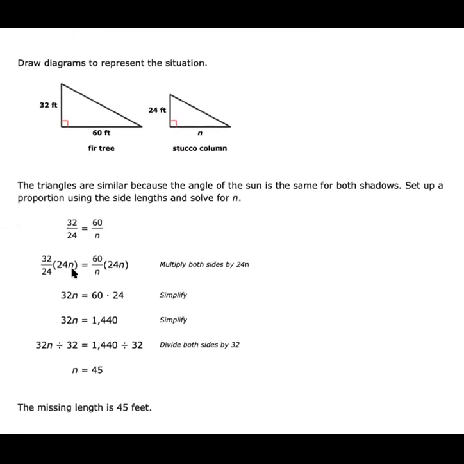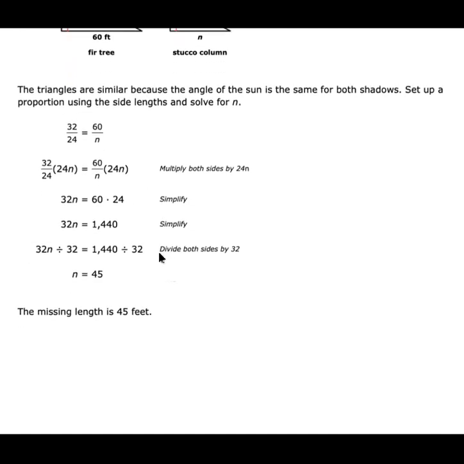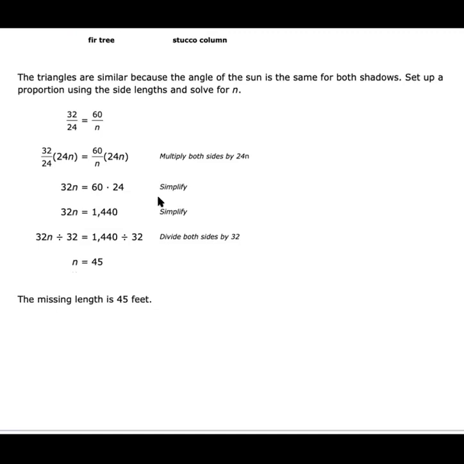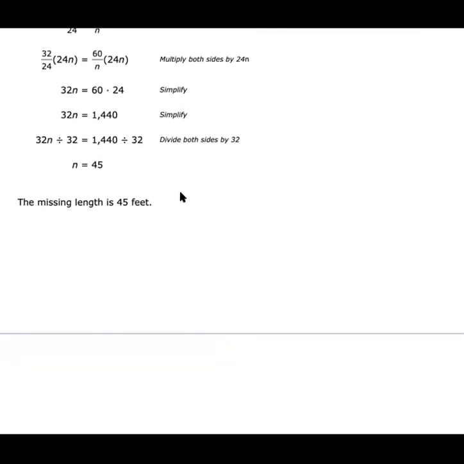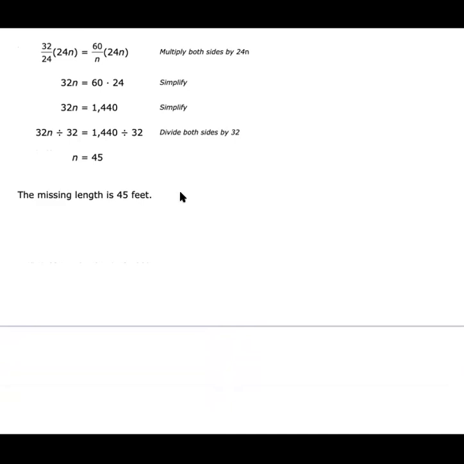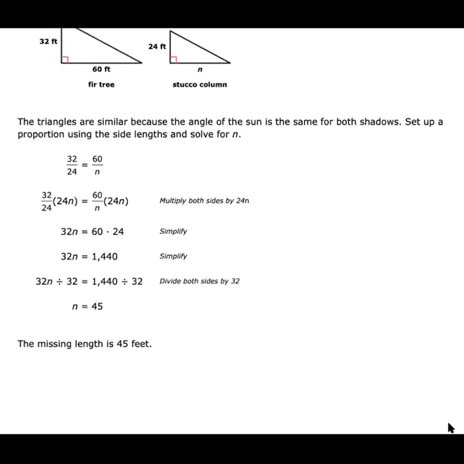All right, so then we're going to multiply 24n to both fractions, and then that would reduce down to 32n is equal to 60 times 24, and then 60 times 24 would be 1,440. Then we're going to divide both sides by 32, and then we're going to get to 45. Make sure we have feet, so our missing length is 45 feet. All right, and that's pretty much it for those two sections.